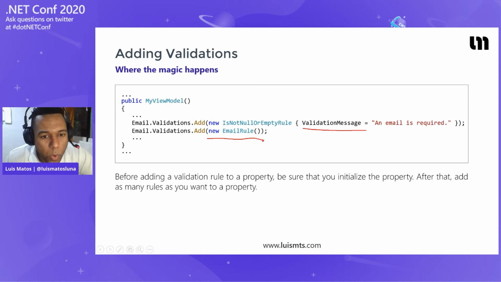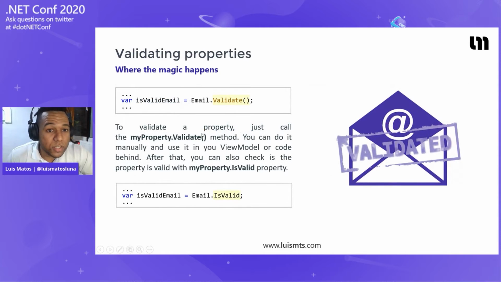If we want, we can set those validations in this rule, but that's going to depend on what you need, right? Nice. So we have our properties, we have our validations, and we add the validations to the properties.